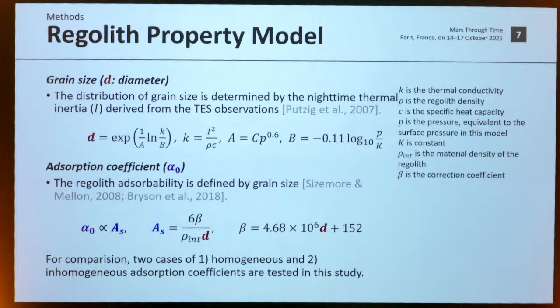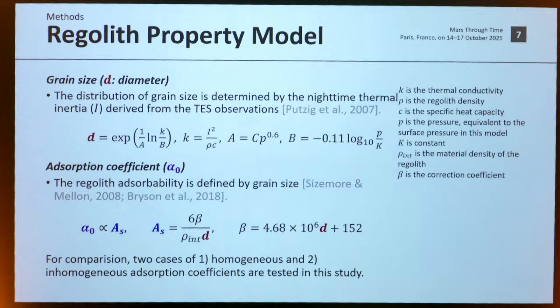Let's examine the distribution of adsorbed water in the case of a homogeneous adsorption coefficient. Here we have a map of total adsorbed water mass integrated to a depth of 1 meter below the surface.